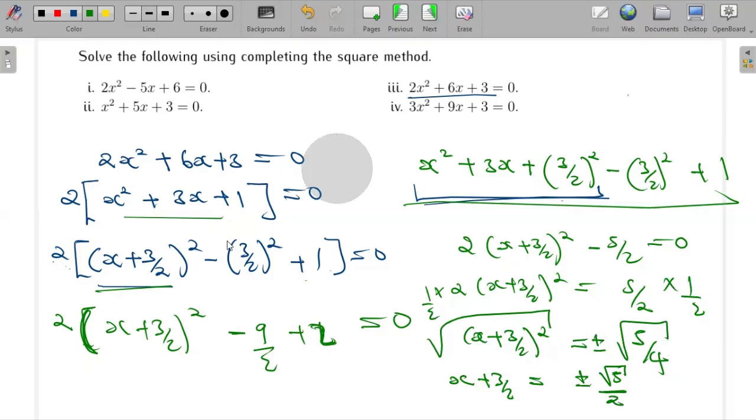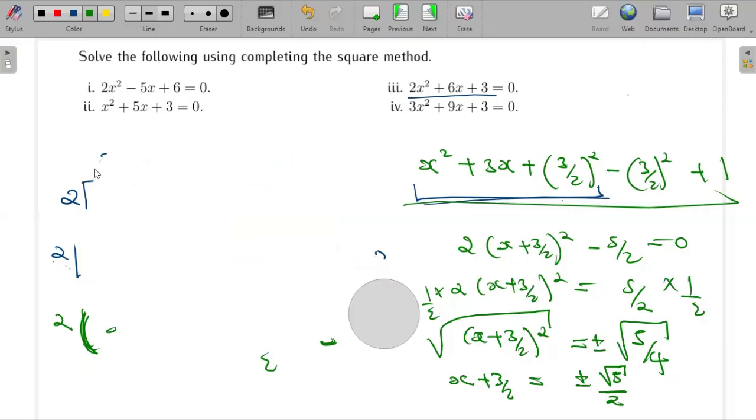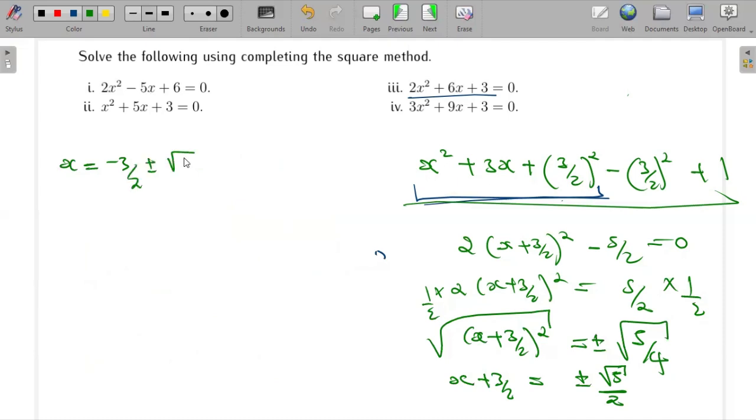Okay. And this here is going to give us that x is going to be, I can take that 3 over 2 to the other side, so you get x is equal to negative 3 over 2, then plus or minus what? Square root of 5 over 2.